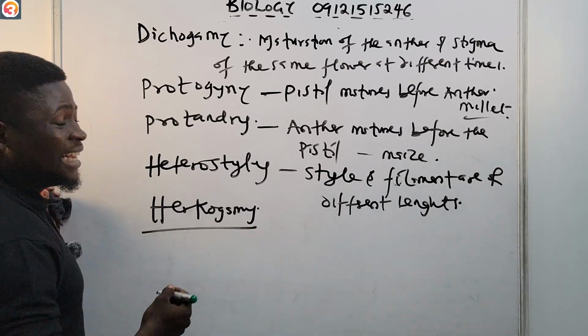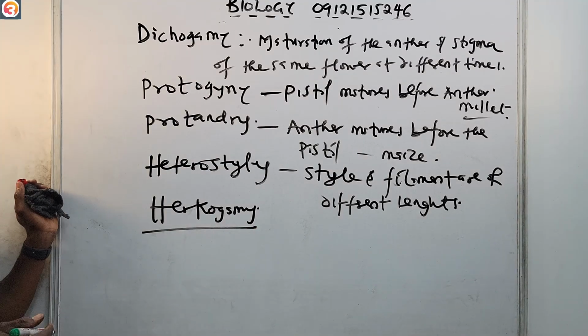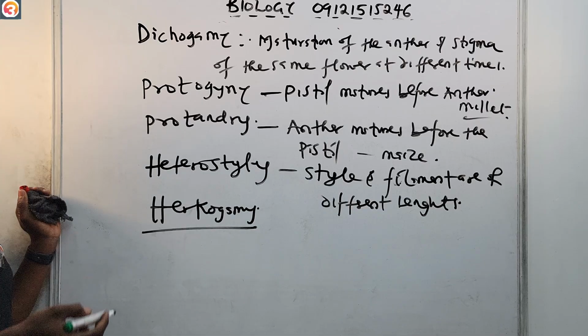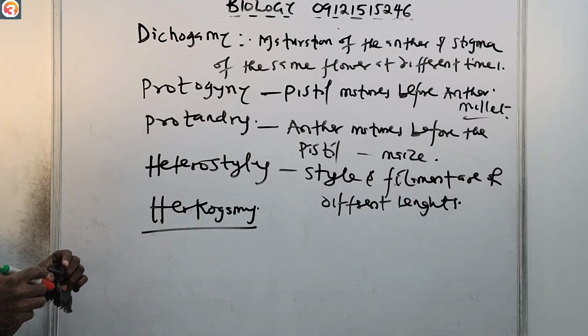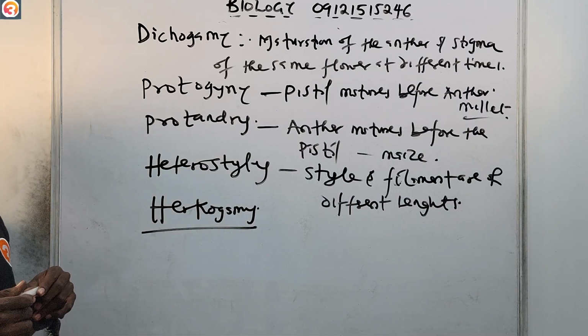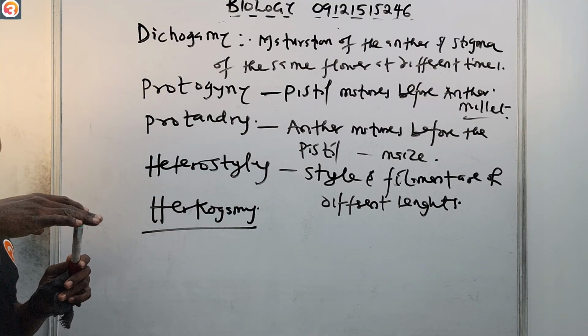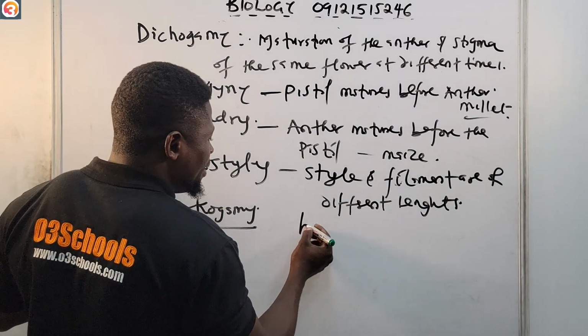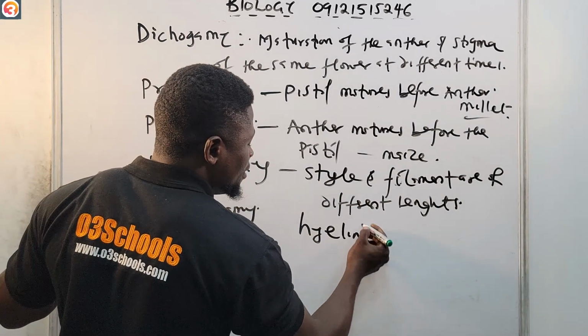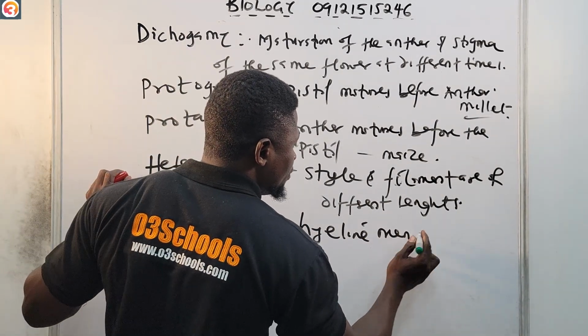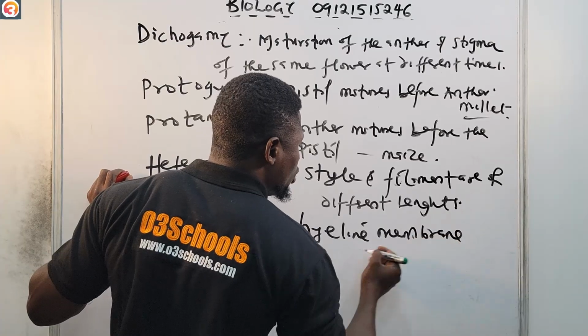Hercogamy is a hindrance. It's like a barrier to self-pollination. It makes self-pollination impossible. What happens basically is that there's a deposition of a hyaline membrane on the anther.